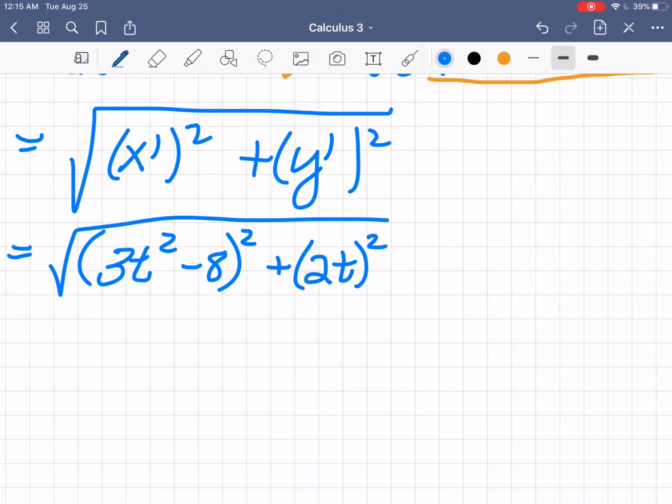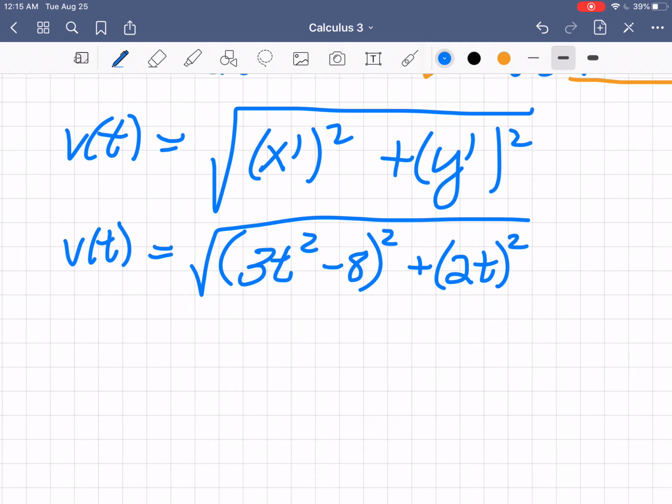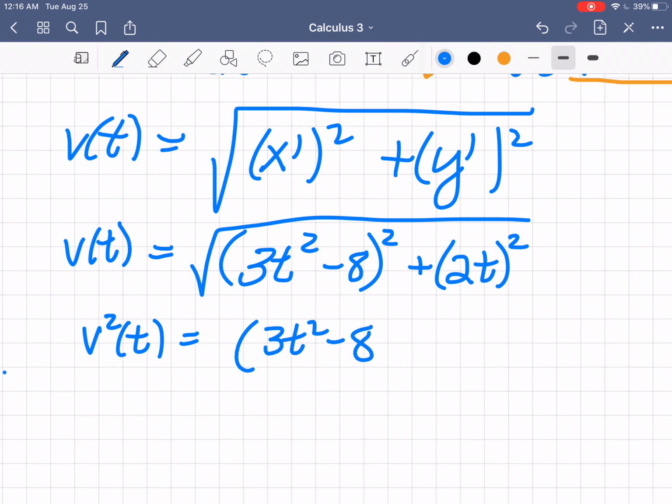All right, so this is v of t for our particular function. And I think the book says to go ahead, square the speed, and take the minimum of that function. So the square of the speed would end up being just (3t squared minus 8) all squared, plus 4t squared.